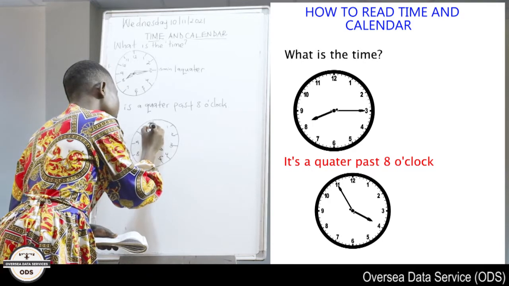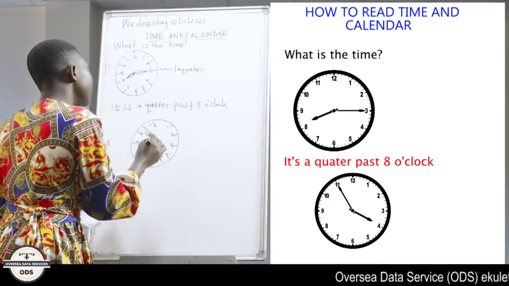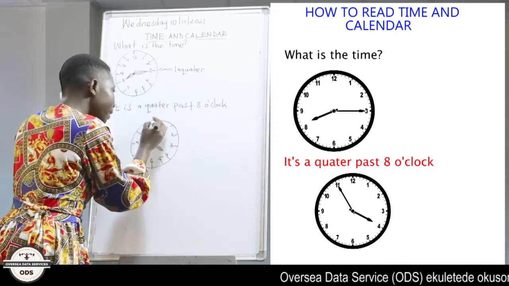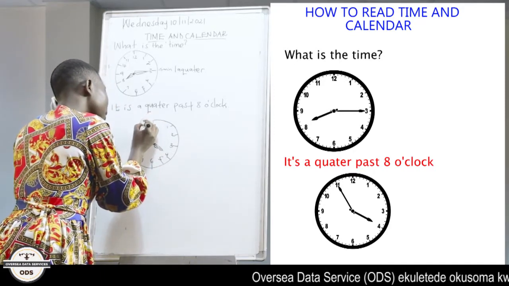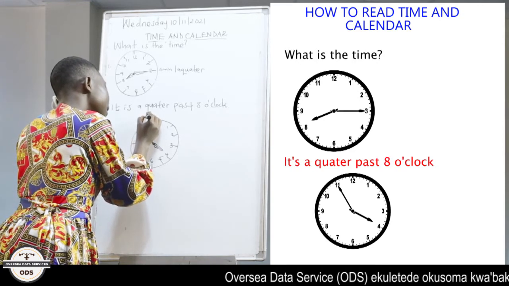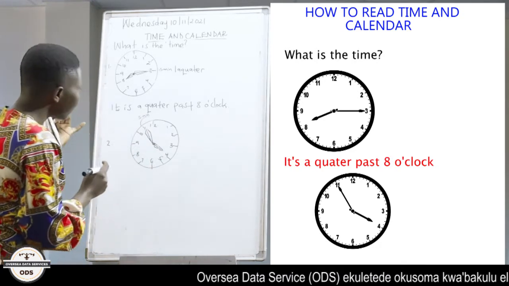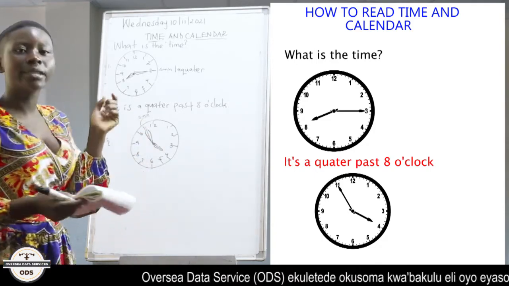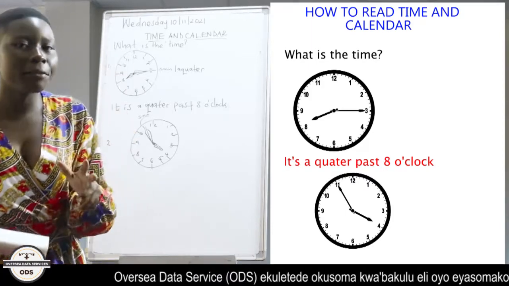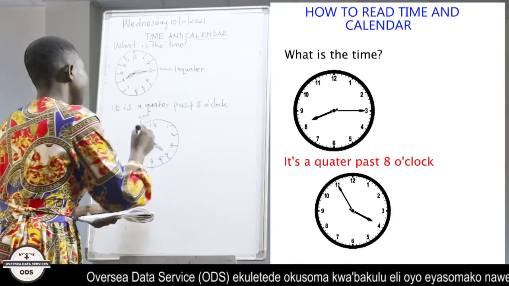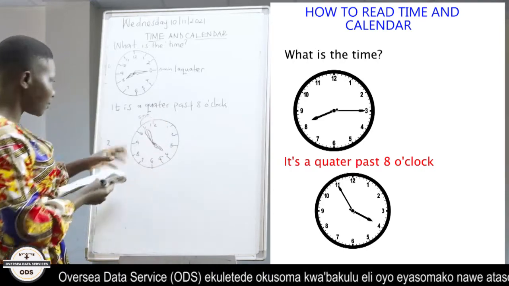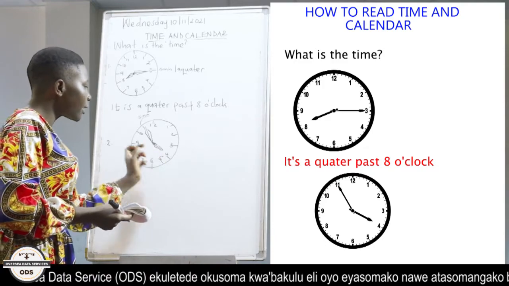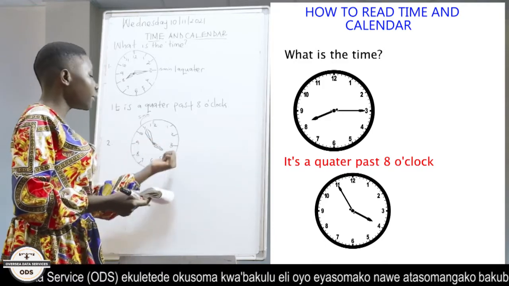How are we going to count the minutes anti-clockwise? From here up to here, that's 5. From here up to here, that's 5 minutes. Now we have identified that when we count our minutes anti-clockwise, it's 5 minutes. Not so? Yes, it's 5 minutes. And our hour hand is pointing at 4.